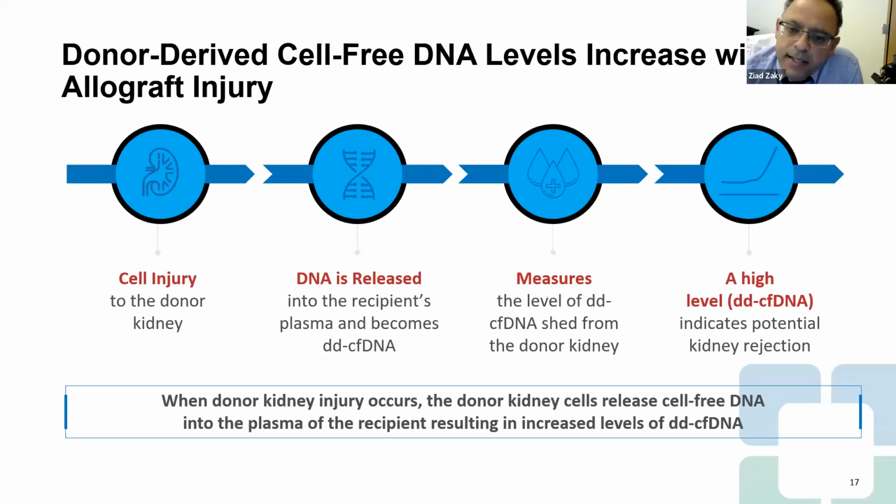So the basic mechanism is that you have a cell injury from the transplanted kidney. The DNA is released into the patient's blood, and you measure the amount of cell-free DNA that has different SNPs than the recipient. And if there is a high level, you can say that there is a high likelihood of rejection, and maybe we should do a biopsy.